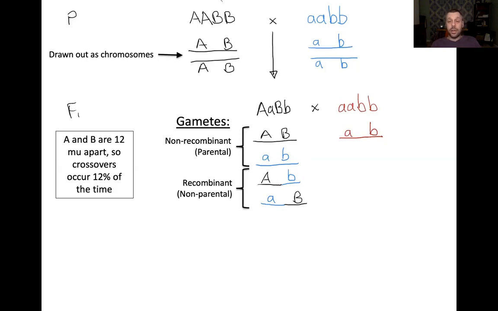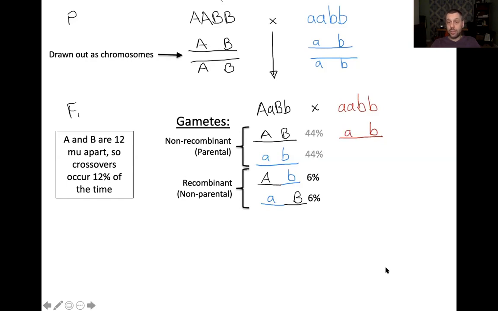When I look at these four different types of gametes, I see that 6% of them have to be big A, little b, and 6% of them have to be little a, big B. Add those two 6% together, you get 12. 12% of the time there was a crossover, and it must be split equally between these two because they literally exchange DNA with each other. That means that 88% of the time there won't be a crossover.